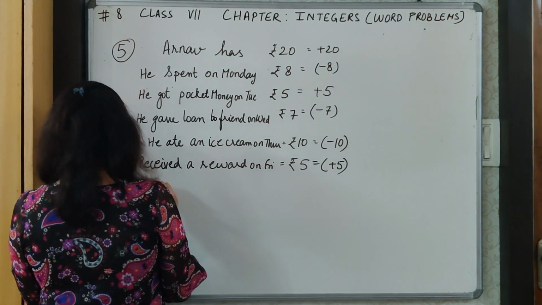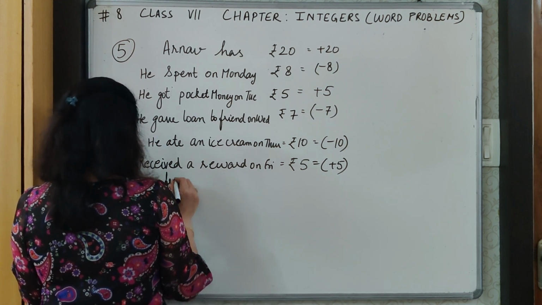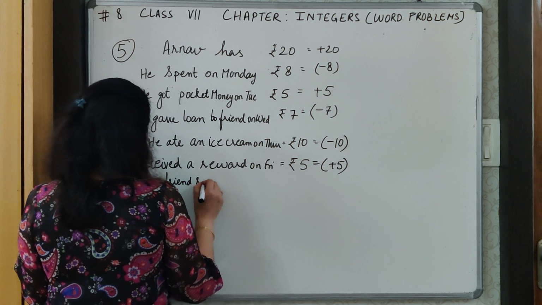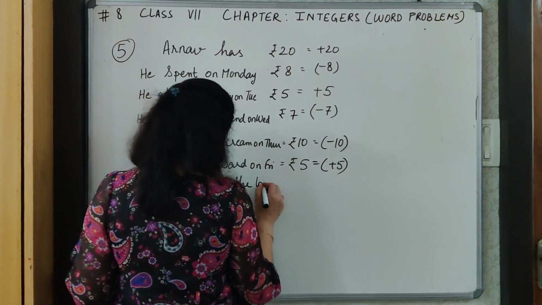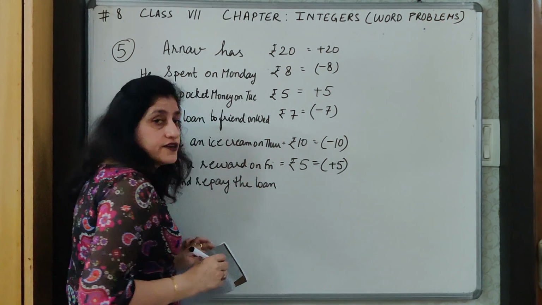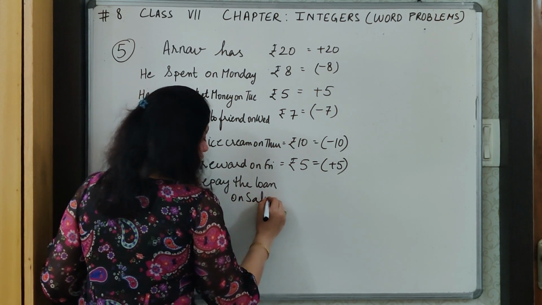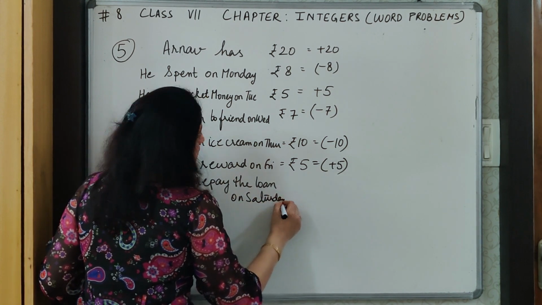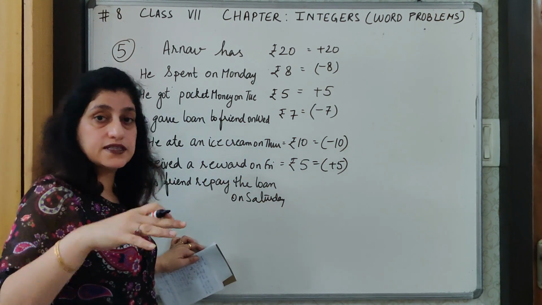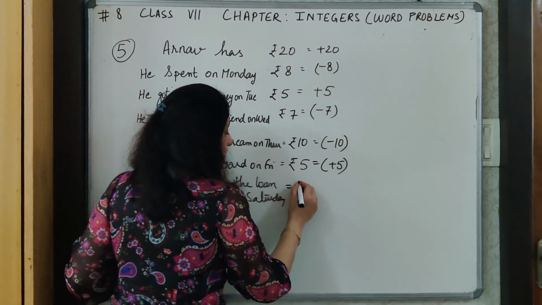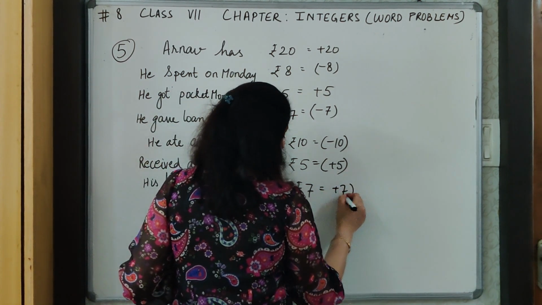Then his friend repays the loan on Saturday. How much loan was given? 7 rupees. His friend returns that money, repays it on Saturday. So now he is getting that money back. That will become plus 7.